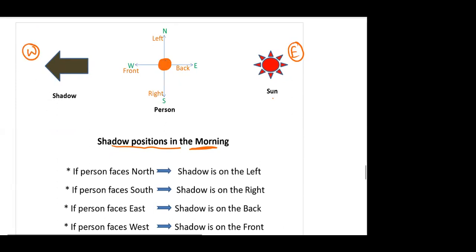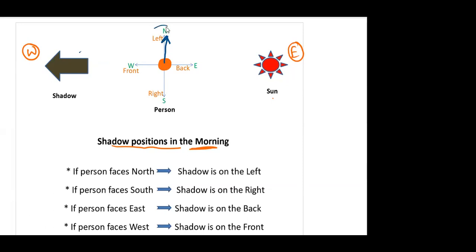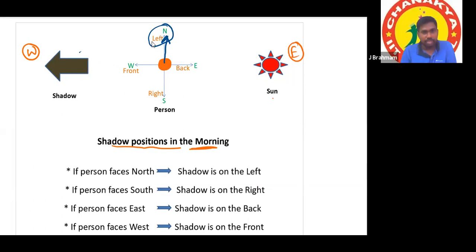Now tell me, if the person is facing north, is the shadow to the left or right of the person? Left. That's why I have combined these two. North means left. In the morning case, shadow on the left means he is facing north.